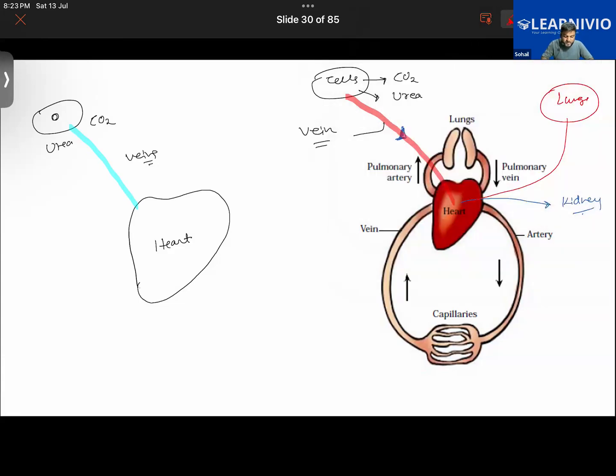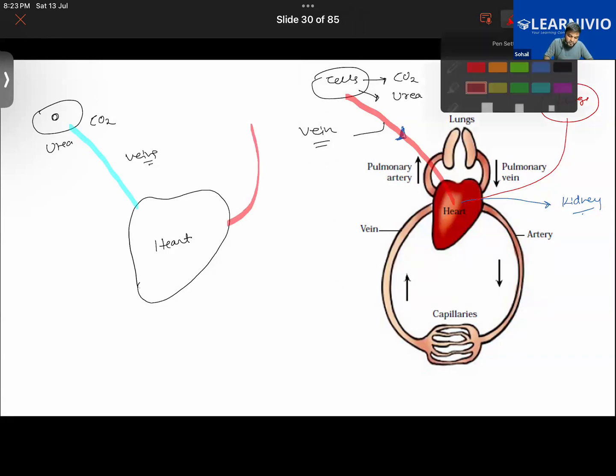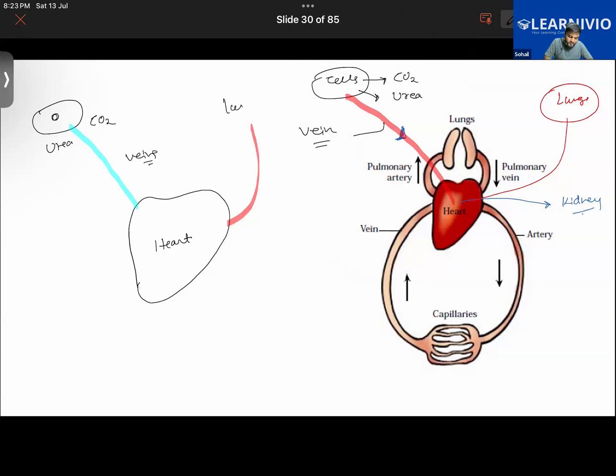Furthermore, this heart is going to pump that polluted blood towards the lungs, where carbon dioxide would be filtered out, while some of the blood would be sent to the kidney, where waste like urea would be filtered out.